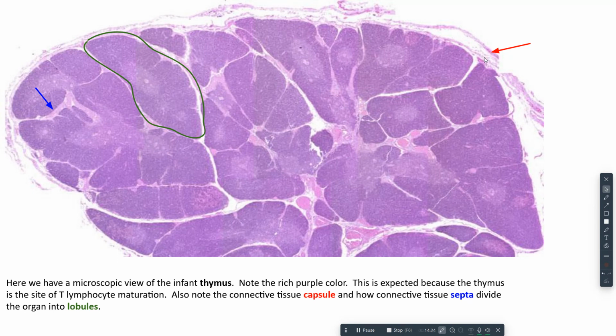No surprise, we see it on the outside. It has extensions going inward as well. Those are called septa in this case and not trabeculae. Same basic idea though. In this case though, we do notice how there's all these different units within the thymus. Those are called lobules.